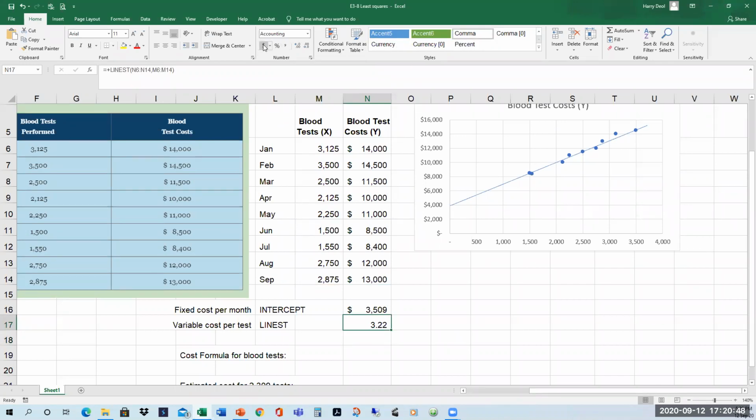So what I had done was I actually increased the number of decimals. You can increase or decrease the number of decimals. Of course, if you're looking to be more precise, the more decimal points you go to, the more precise your answer is.